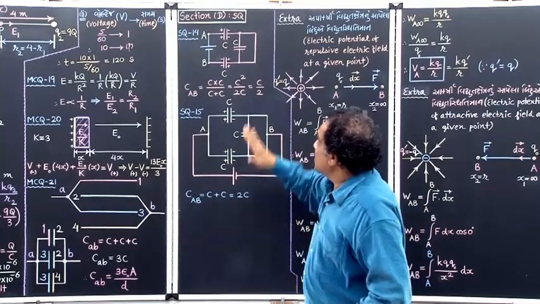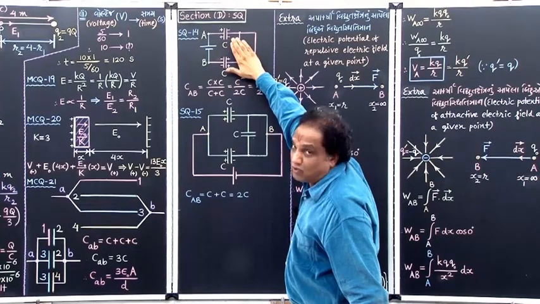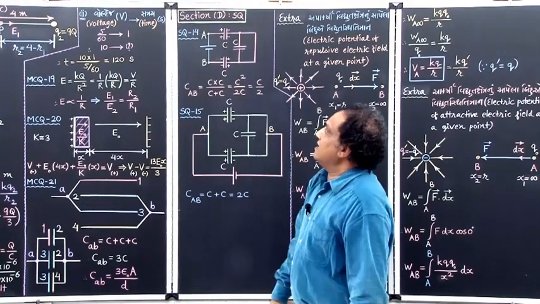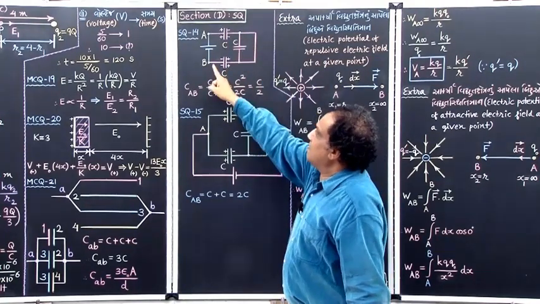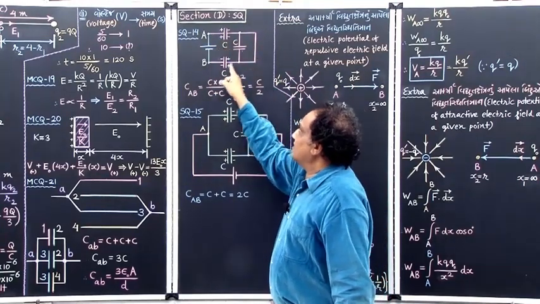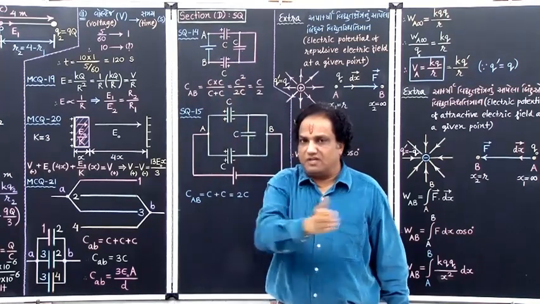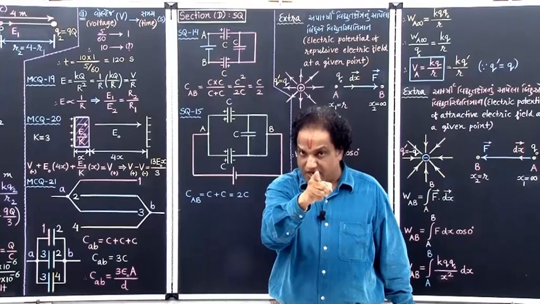Okay, fine. So if you discard this capacitor, if you try to remove it, then this capacitor and this capacitor are connected one after another in a queue, that is nothing but series connection.